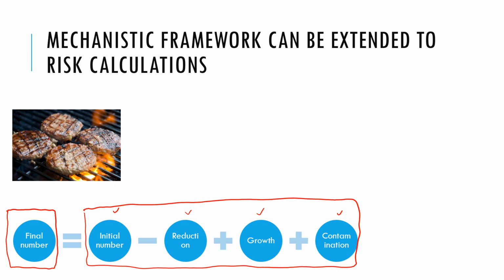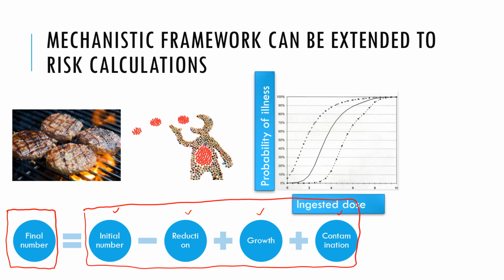We then get consumption data. How much of this food is consumed by a person? We then bring in epidemiological data that says for a certain amount ingested, a certain amount of bacteria or carcinogen consumed, what is the probability of illness for the person.